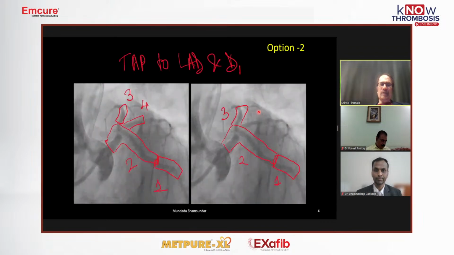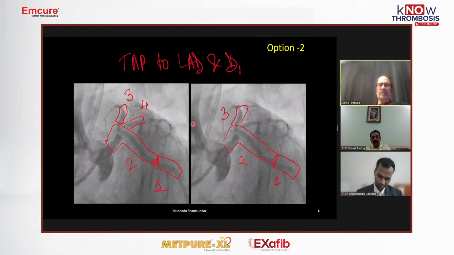And there were a few other options also. Number one stent was no discussion. It was a type A focal block. The discussion was only about the distality of the left main. So there were some of us who felt the second stent could go like this, and then the third can come like this as a TAP, and the fourth could come as another TAP towards the diagonal.